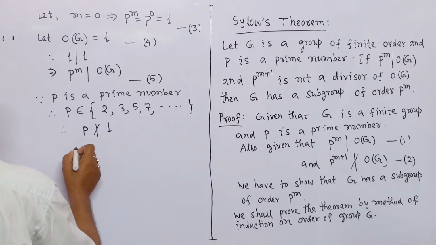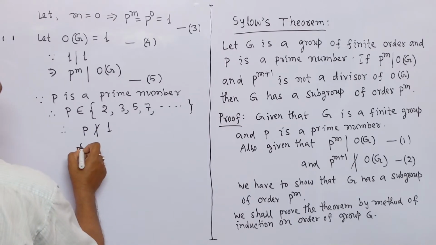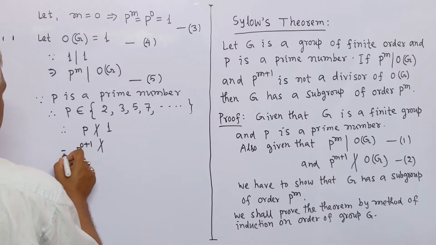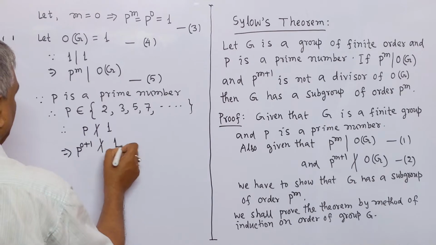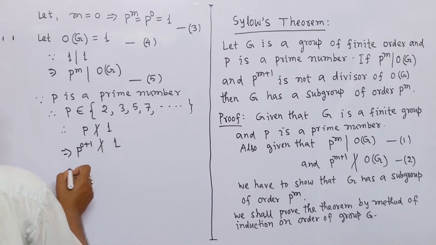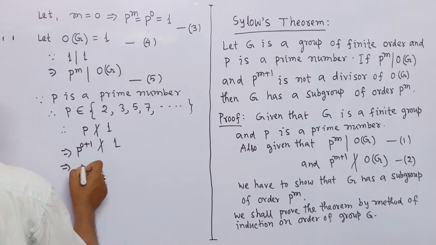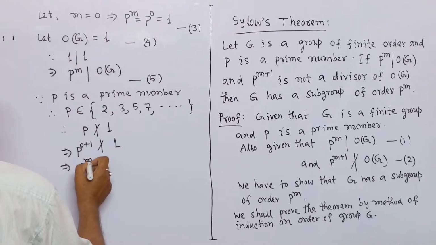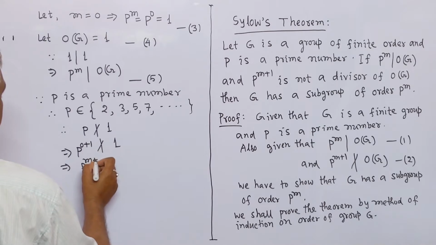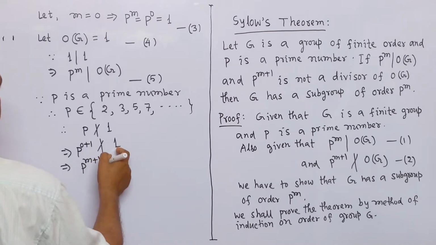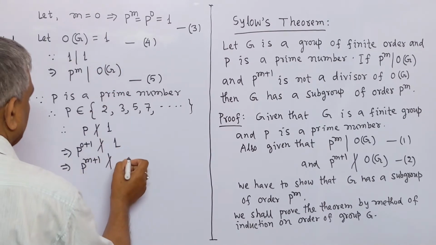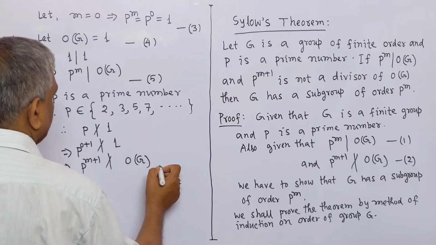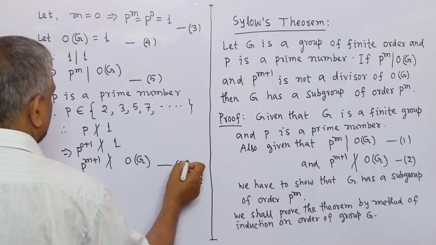This P may be written as P to the power 0 plus 1, does not divide 1. Implies that P to the power m plus 1, with m equal to 0, does not divide 1, which is order of G. This is number 6.